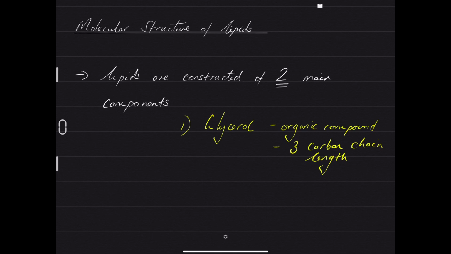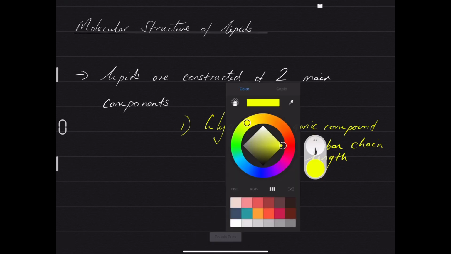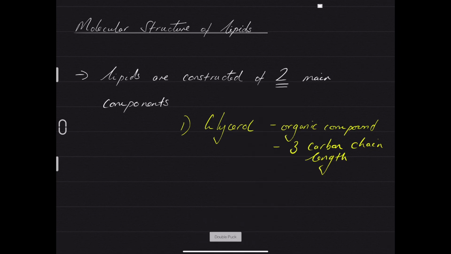Now the next component of the lipid is known as the fatty acid. Fatty acids are described as being long chain hydrocarbons with a carboxyl acid group at the end.